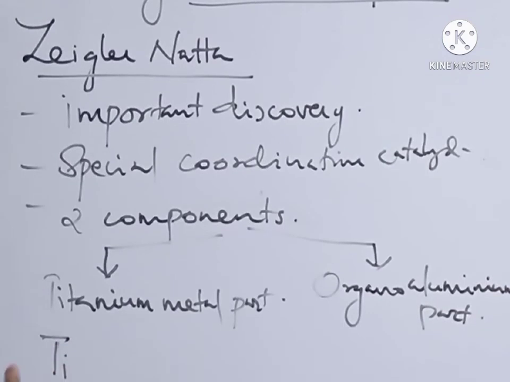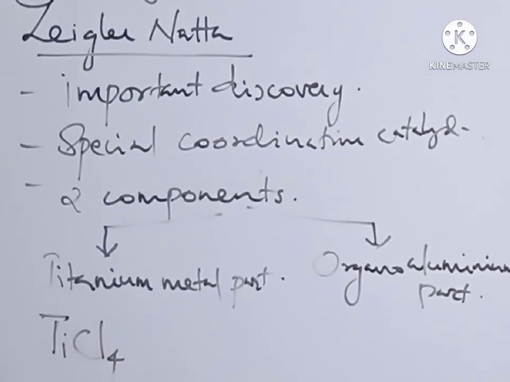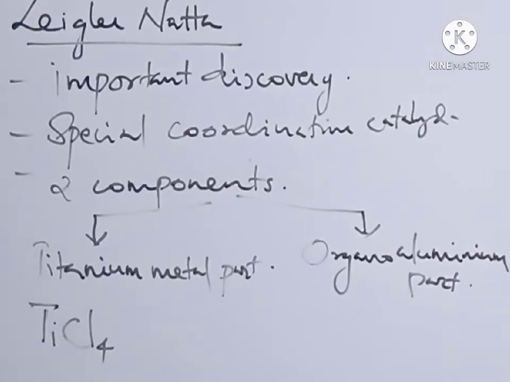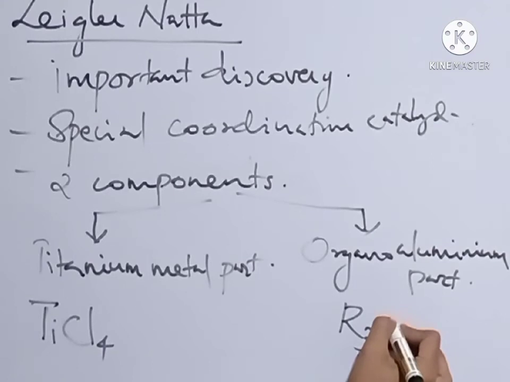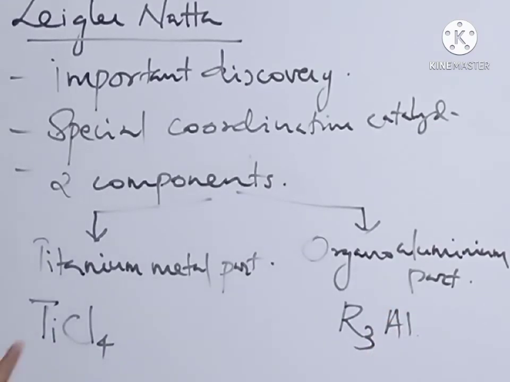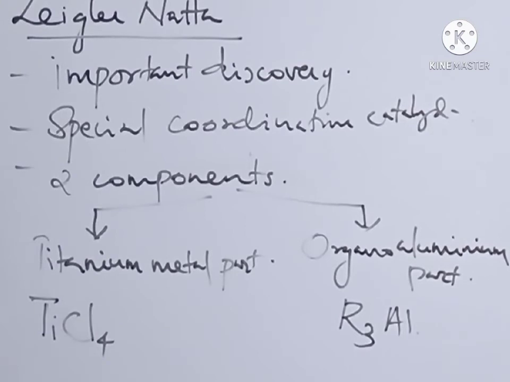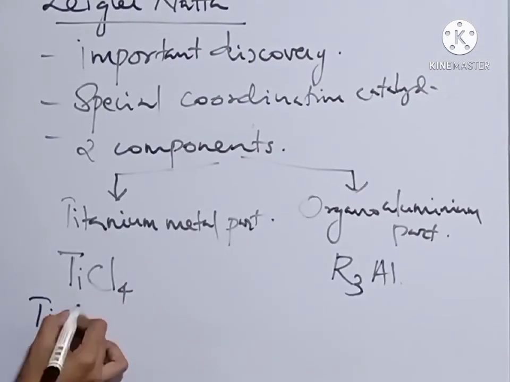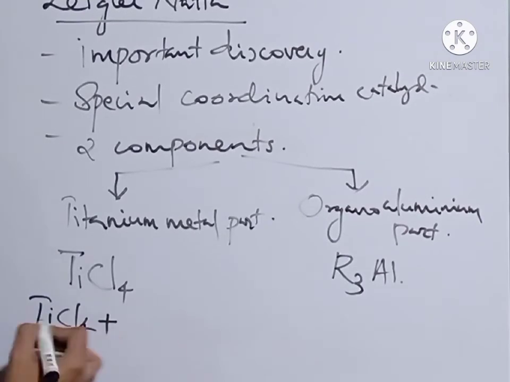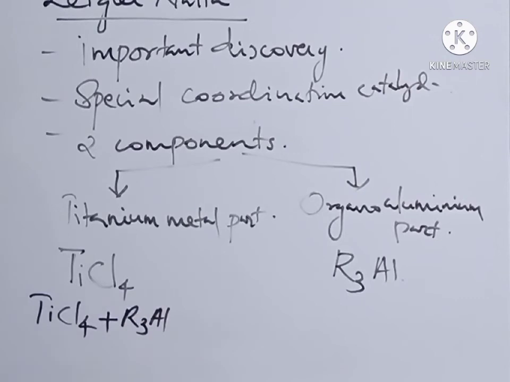The transition metal part is most commonly titanium chloride, TiCl4. The organo-aluminium part is most commonly R3Al. Actually, different types of Ziegler-Natta catalyst are there. It is usually formed by the combination of TiCl4 with any trialkyl aluminium.